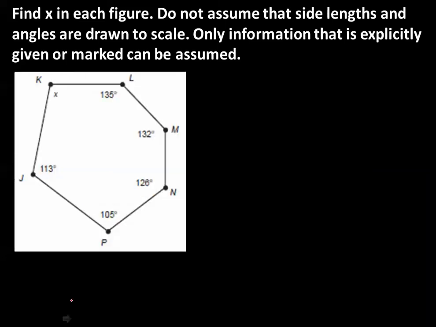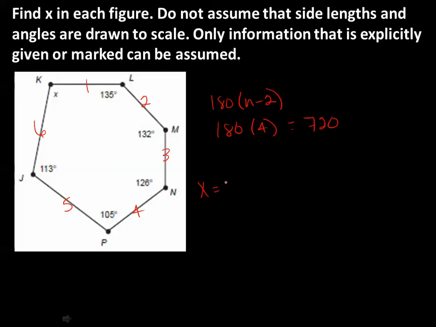Okay. This one, also a hexagon. So n minus 2, so that's going to be 180 times 4, which gives me 720. See, you get them memorized after a while.